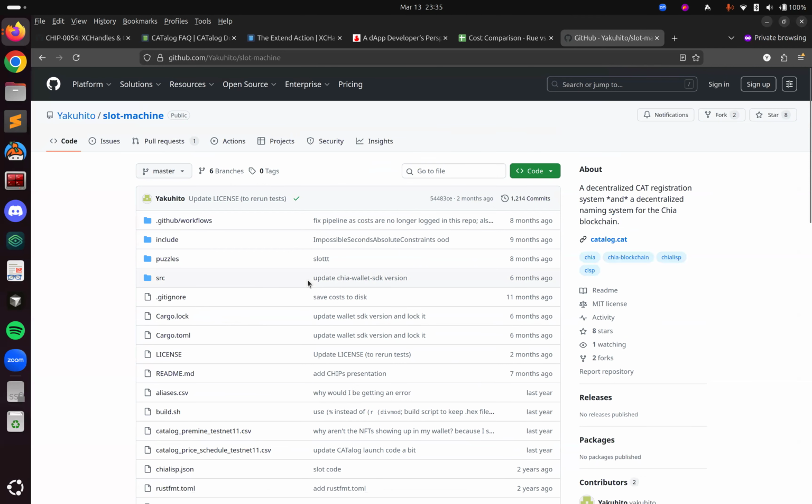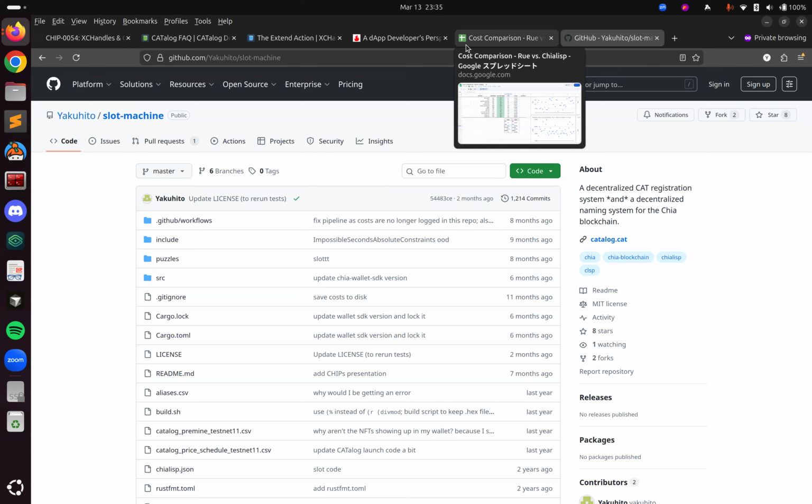So these primitives, several versions of both registries have been tested on testnet and also through tests that test each interaction and make sure everything works as intended. The testing code and drivers have been moved to the Chia Wallet SDK. So if you are looking for those, you should check out the Chia Wallet SDK in the XCH dev organization.